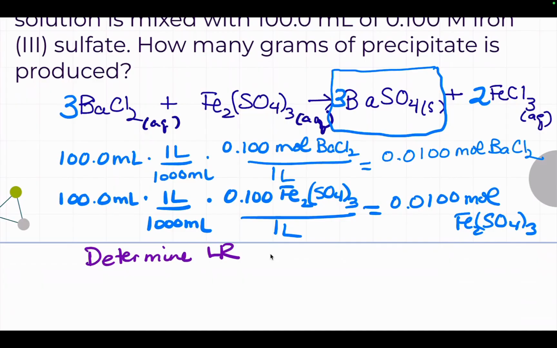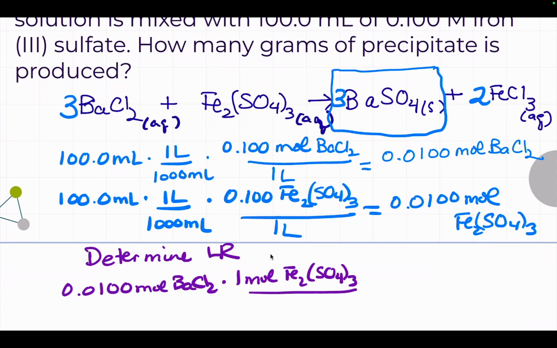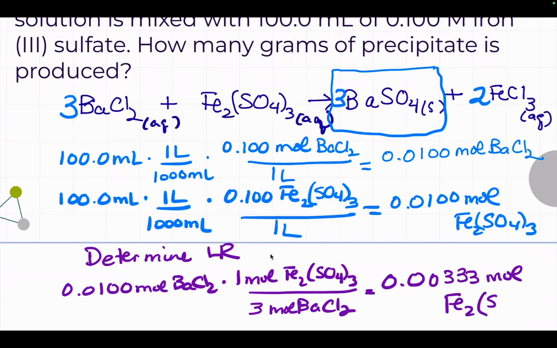So I am going to take my moles of barium chloride and convert that into moles of iron(III) sulfate. And when I do that, I get 0.00333 moles of iron(III) sulfate.